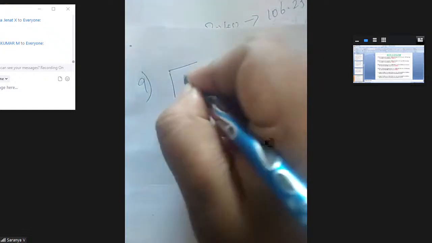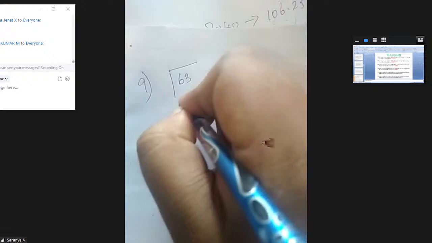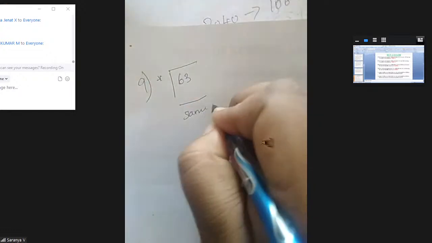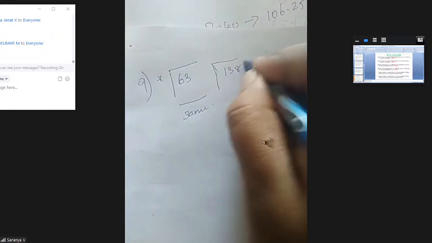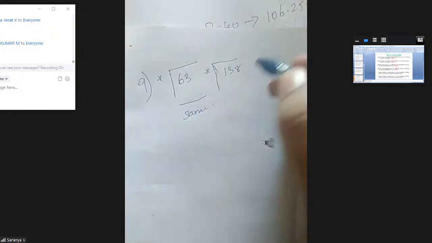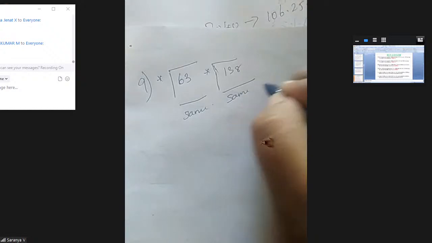So what is the meaning of this question? When you divide 63 by some number, you get the same remainder. And 138 also, when you divide by some number, you'll get the same remainder.